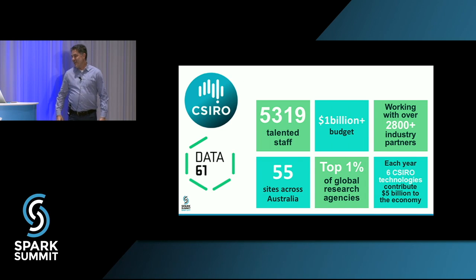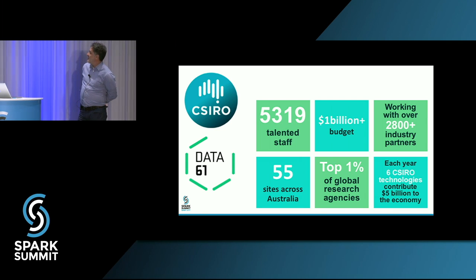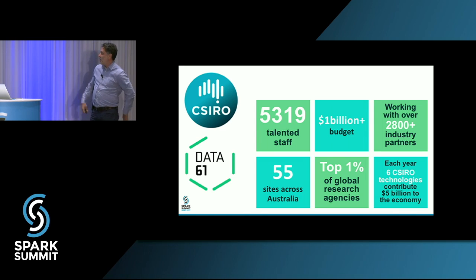I came from Australia, from an organization called CSIRO, which is a government-funded organization for applied research. It's quite large, and essentially it focuses on growing or fostering economy and well-being in Australia through scientific research. Data61 is an organization within CSIRO that focuses on a data-driven future and covers the whole life cycle of the data-driven approach for science and applications in technology and society.